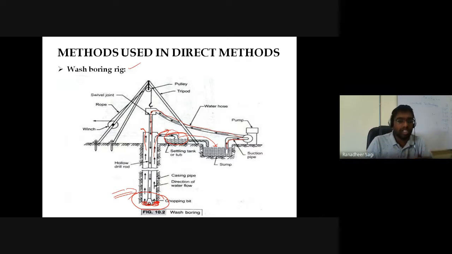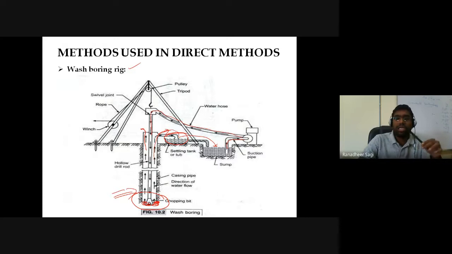But in this case, the soil you collect in the settling tank at the bottom is helpful only for identification of the condition of the soil and various other properties. It cannot give you the natural moisture content existing in that soil, because once you have injected water, the natural water content existing in the soil has already been disturbed.